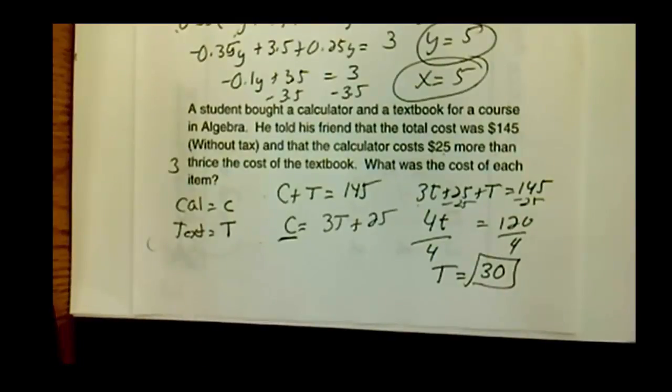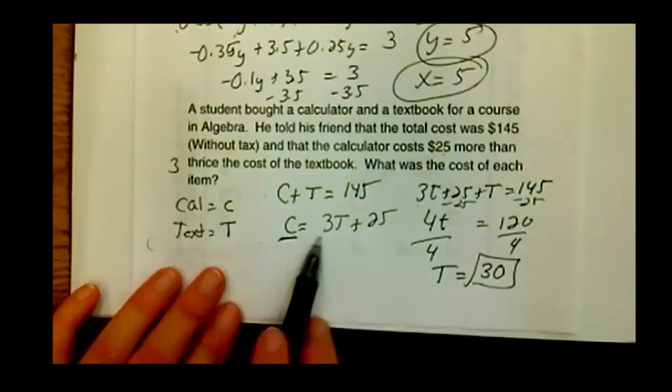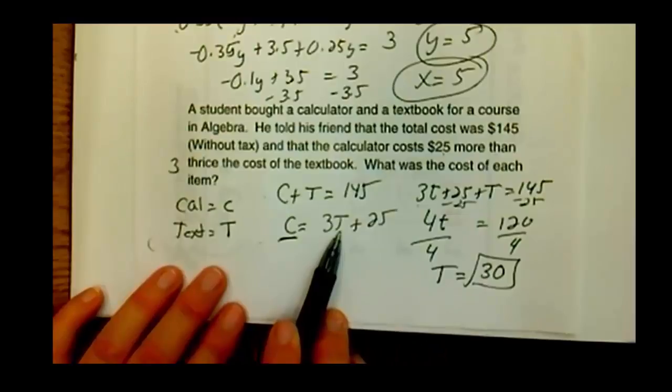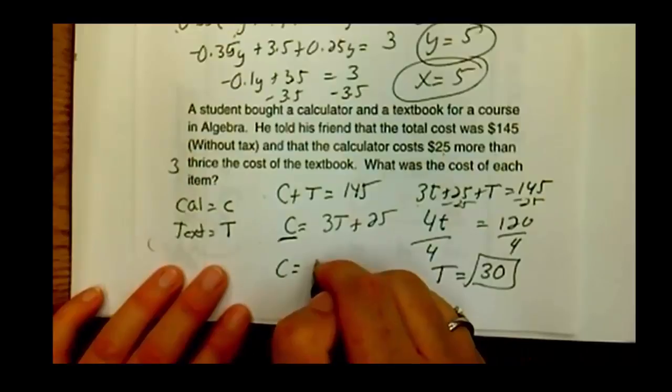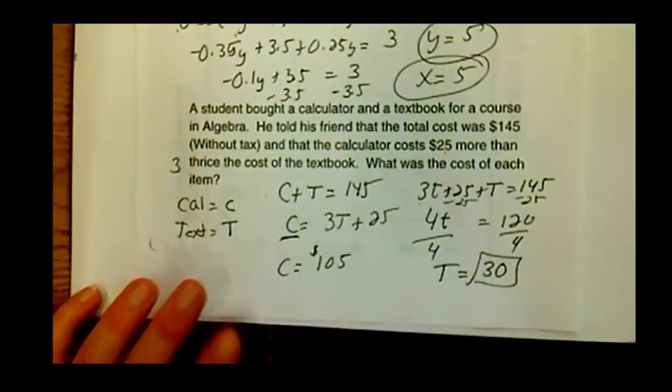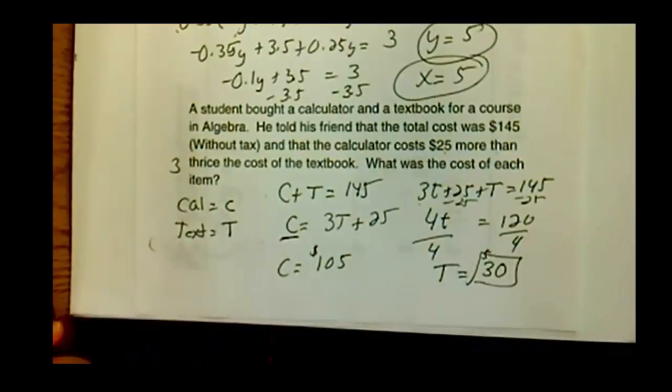So what would be the cost of the calculator? Plug it back into this piece. 3 times 30 is 90. 90 plus 25. So the calculator cost $105.